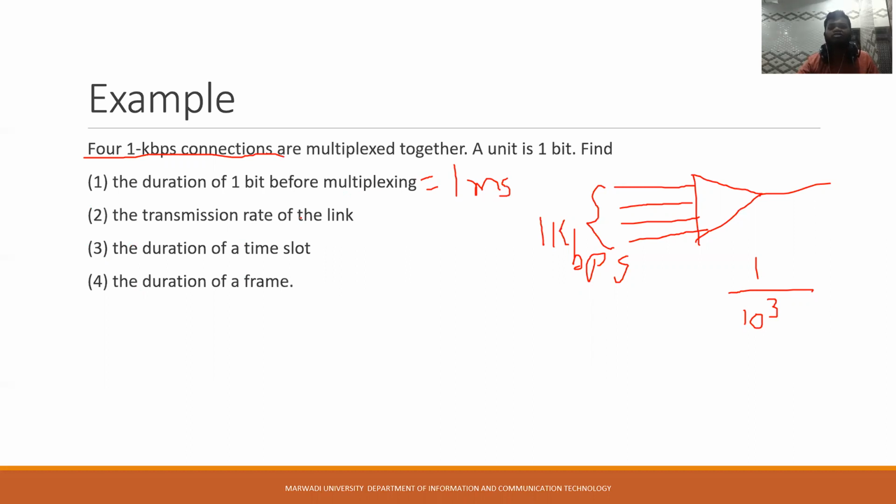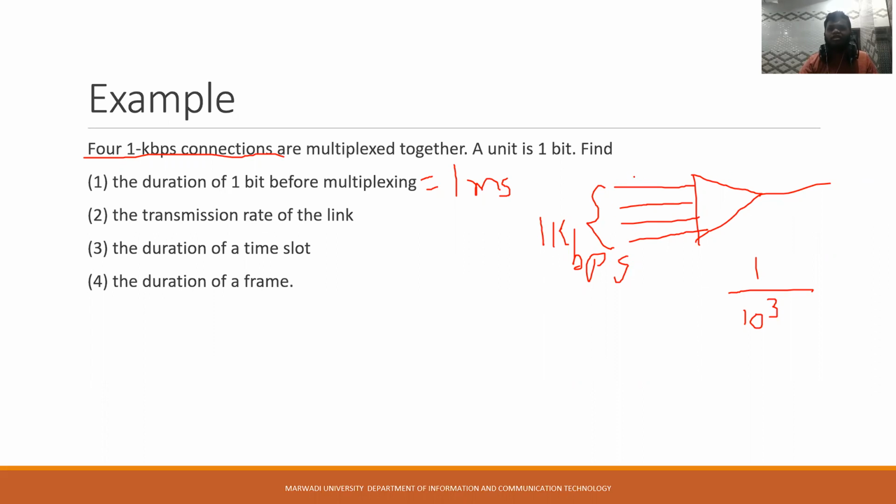So the transmission rate of the link. Since we have 4 such 1 kbps connections, we should be able to send all of those within a second.